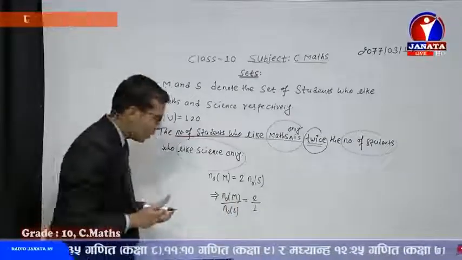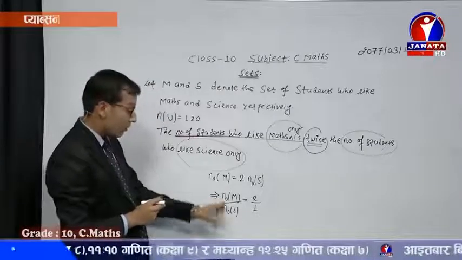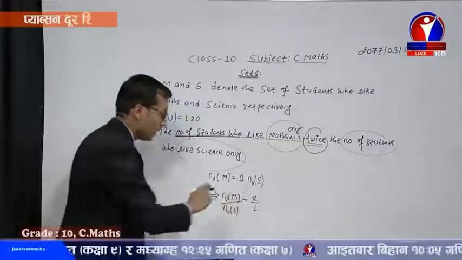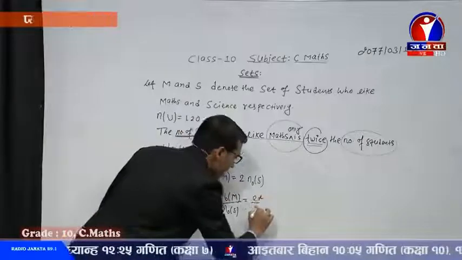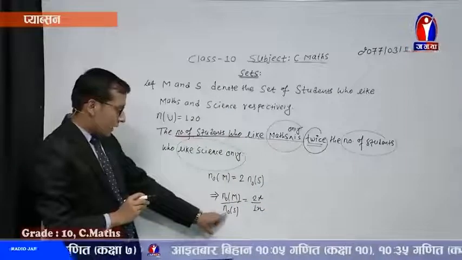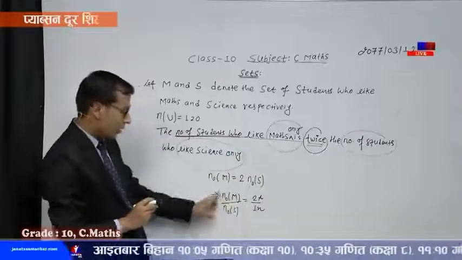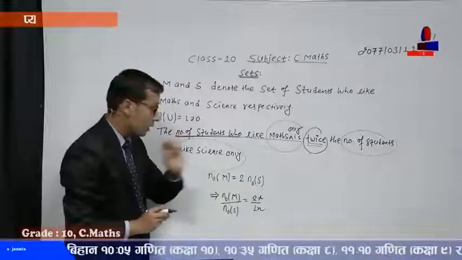So this is in terms of ratio. So we can suppose now, if we suppose the common ratio is x, what is n only S? x. And what is n only M? Twice of x.